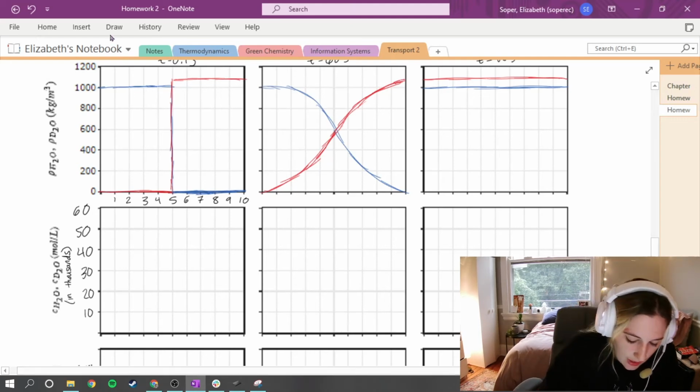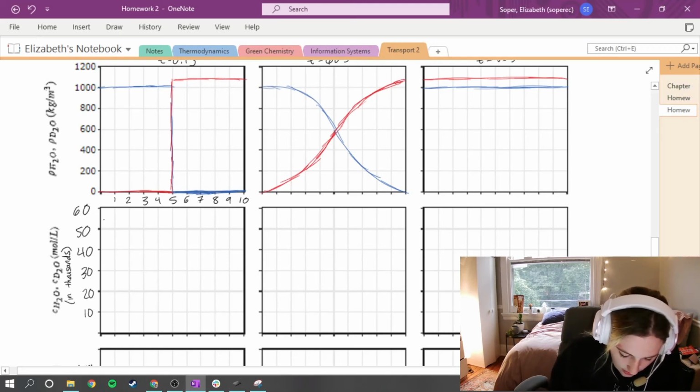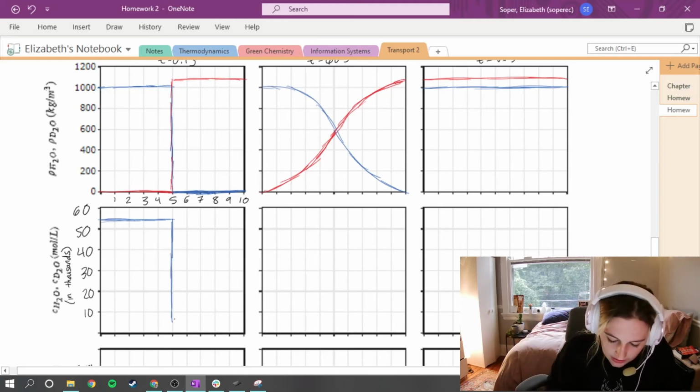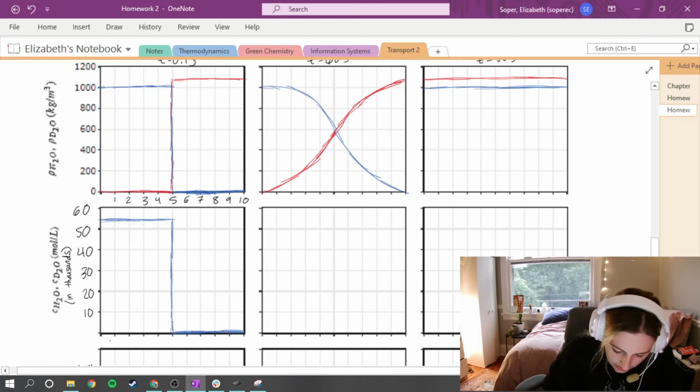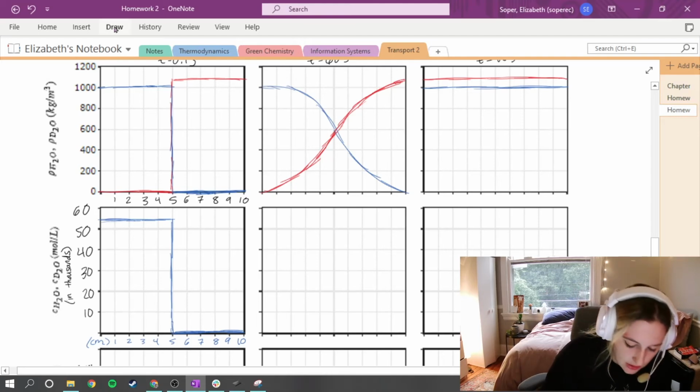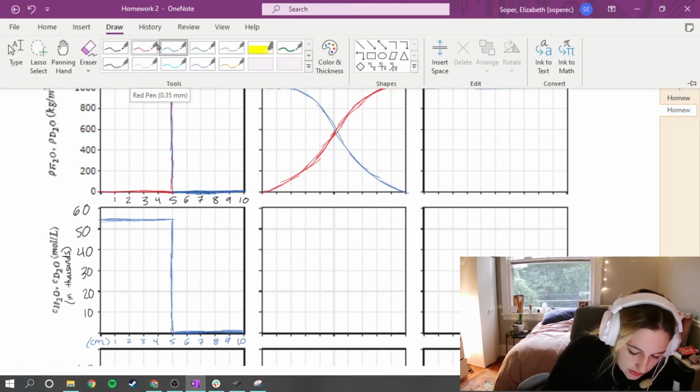So again, the water is at 55,000 moles per liter at the beginning from 0 to 5 centimeters, and then there's none of it from 5 to 10 centimeters. This is still 1, 2, 3, 4, 5, 6, 7, 8, 9, 10, in centimeters, for the same reason as the initial mass concentration.